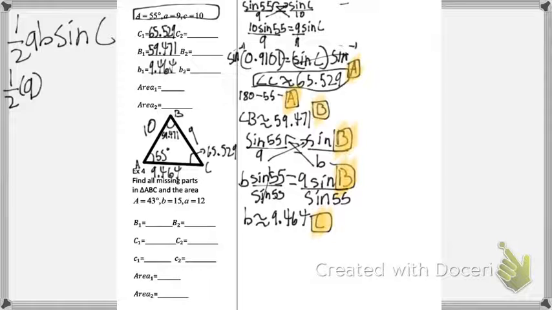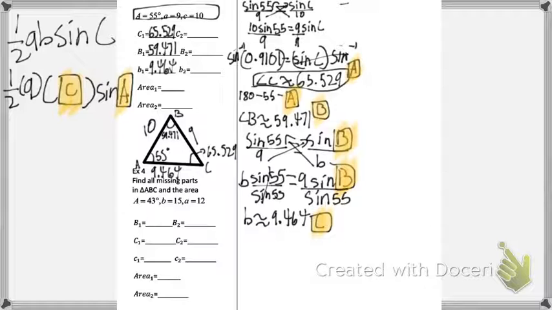And now we do 1/2 times letter C here, and then sine C, and angle C equals letter A. So you can put A here and highlight that.